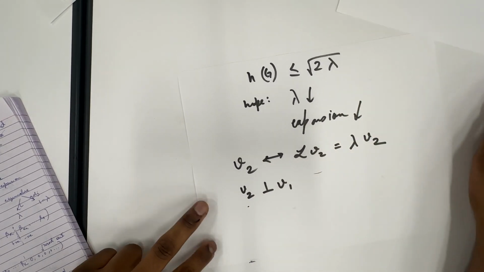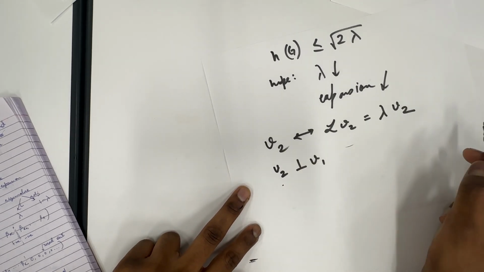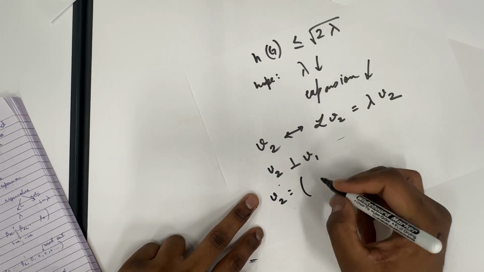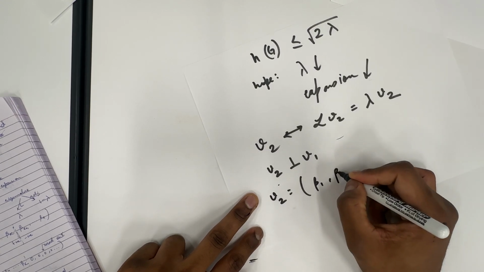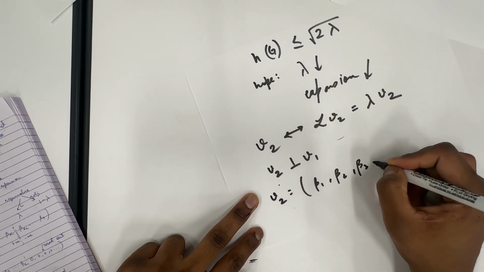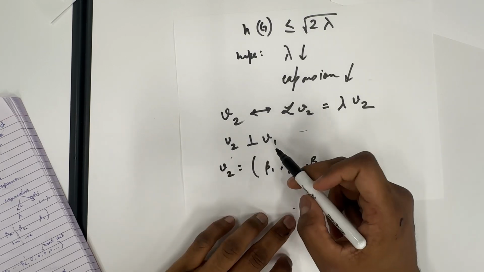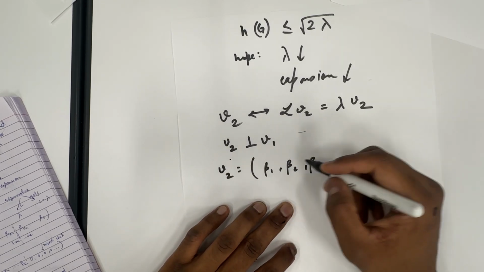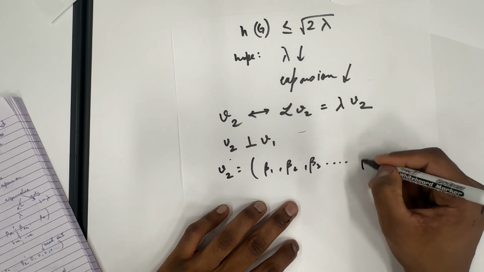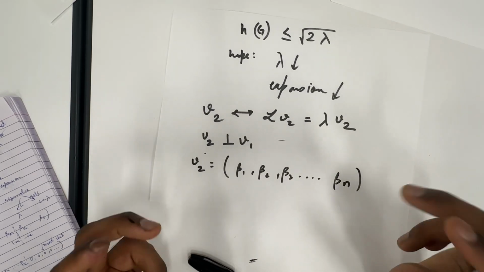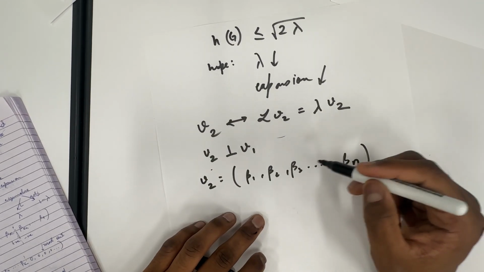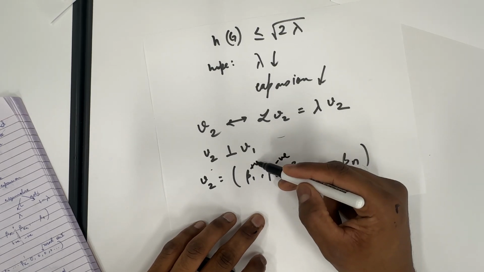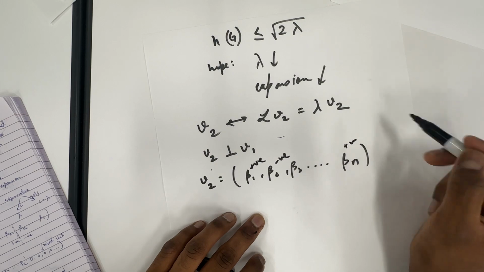Let's say I run it through a computer and I have found the value of V2, and it has some values like beta 1, beta 2, beta 3, and so on. Because this has to be perpendicular to the vector of all ones, there will be some positives and some negatives, because all of these have to sum up to 0.